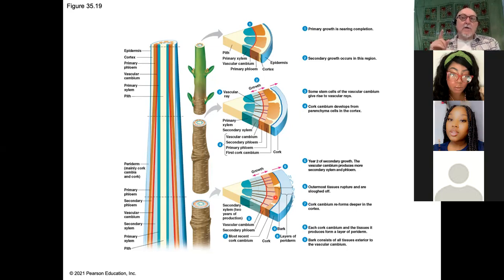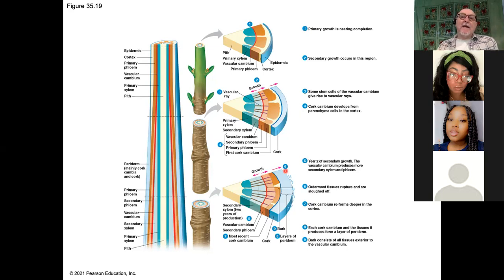And you know, when you go to a tree, you can actually pull the bark off. When you strip a piece of bark off, on the very inside what you're looking at is this cambium tissue here, the living phloem, and then the cork on the outside.